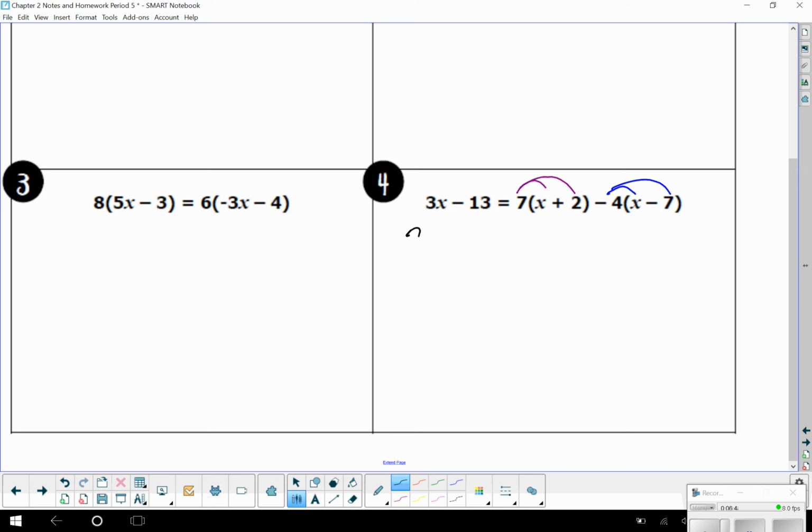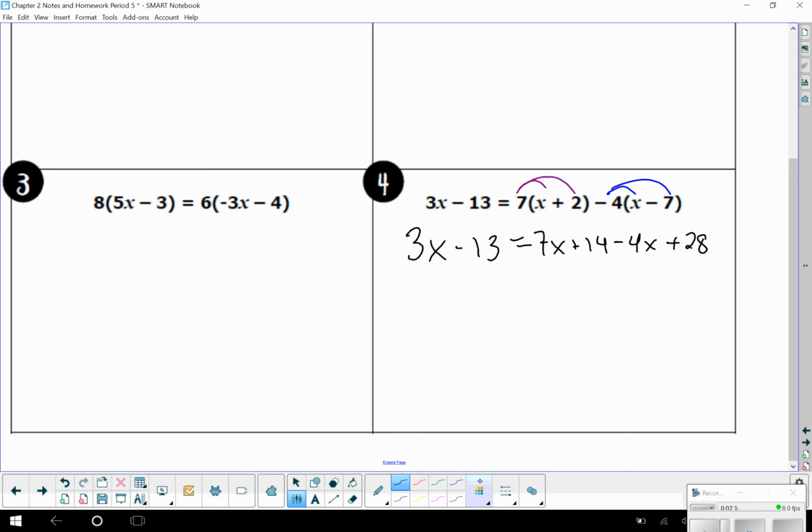So we get 3x minus 13 equals 7x plus 14 minus 4x plus 28.